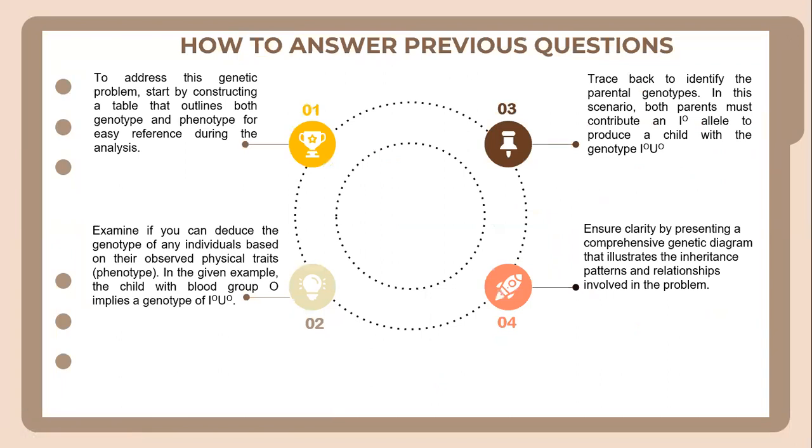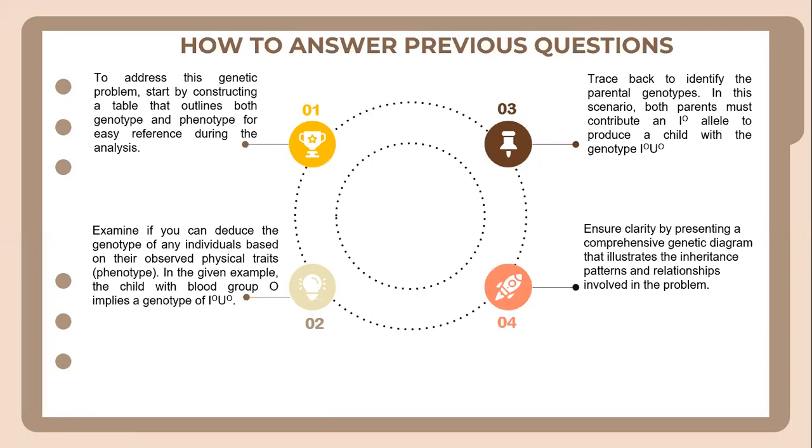And how do you answer such questions in the examination? First, you have to address this genetic problem by constructing a table that outlines both genotype and phenotype for easy reference during the analysis. Secondly, you have to examine if you can deduce the genotype of any individuals based on their observed physical traits, which is phenotype.